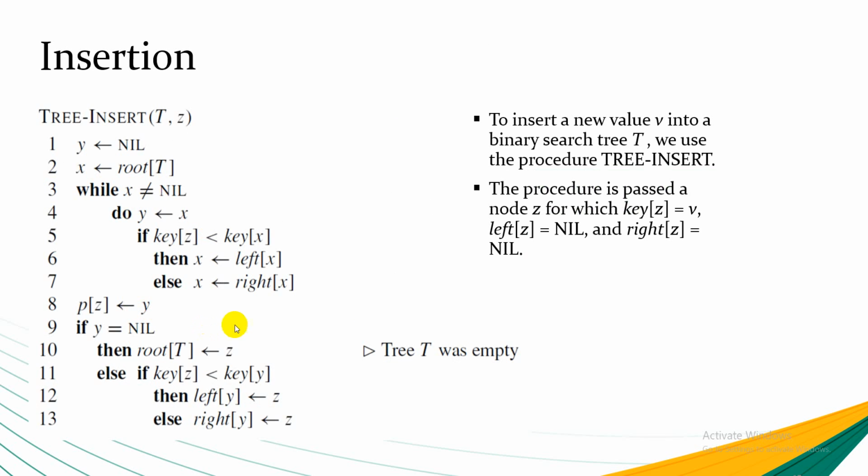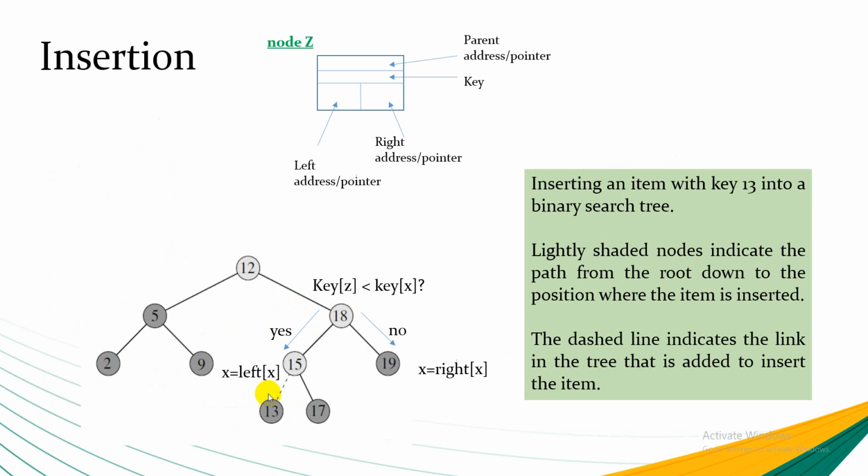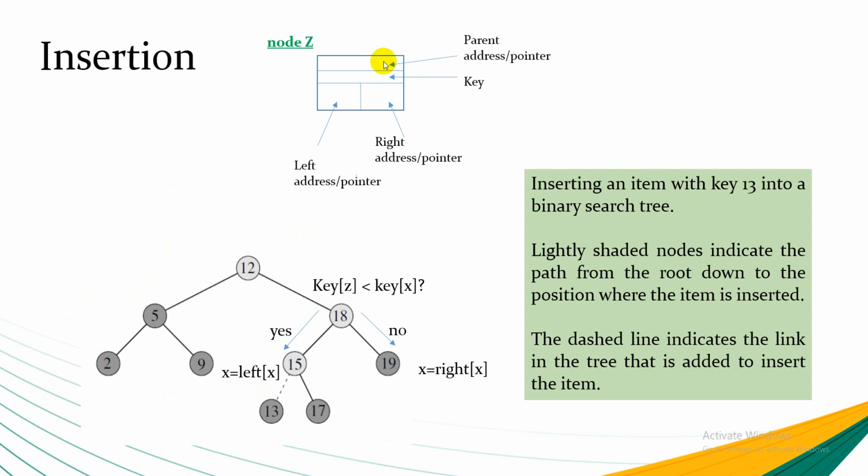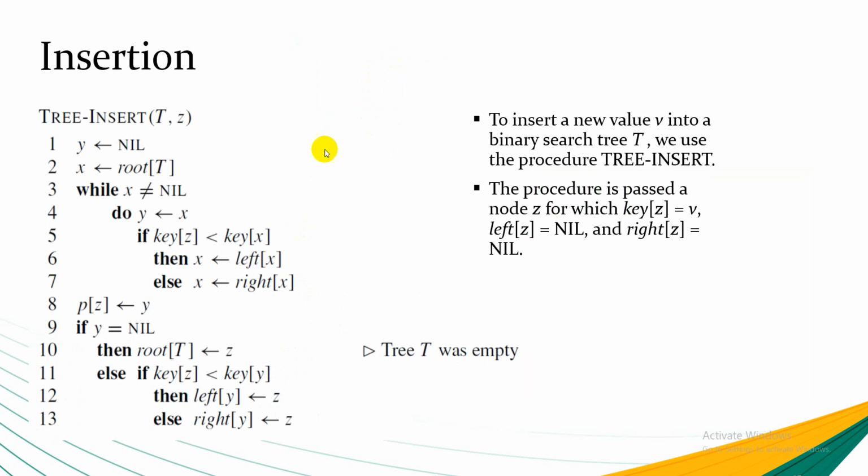So what we have right now, X is now null, Y is the node 15 here, and now we need to insert Z at the left of Y. So we say the parent of Z is now Y, which is the 15. And now here we check if Y is equal to null.